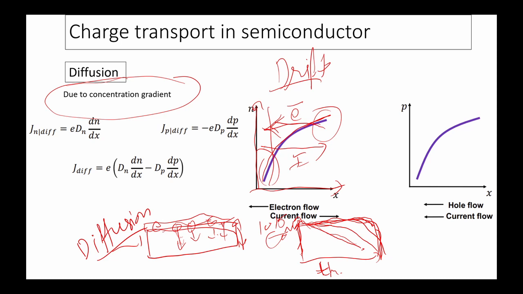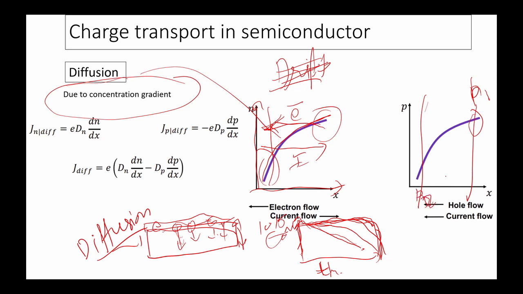So this current is given by the diffusion current, not a drift current. This is the diffusion current, and it is because of the p type doping. At this point the concentration is p1, and at this point the concentration is p2.